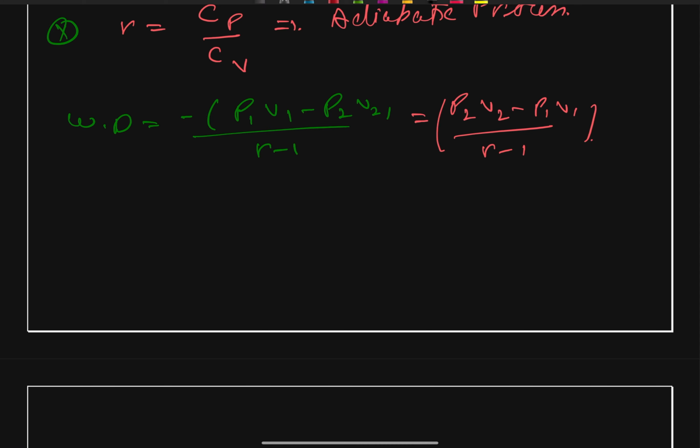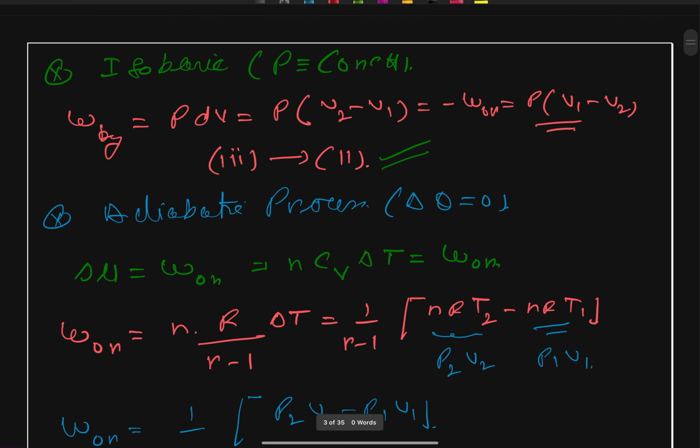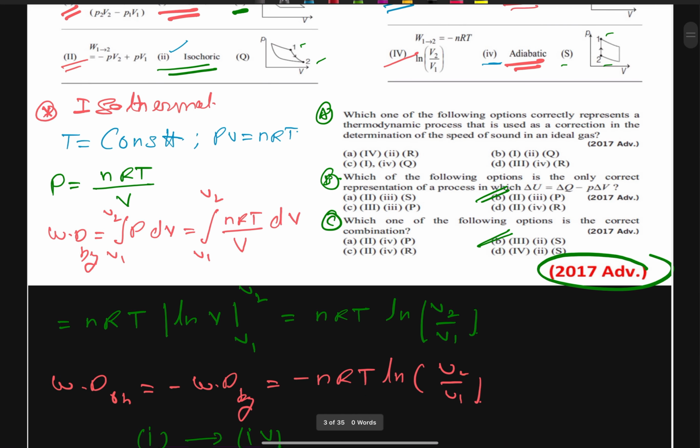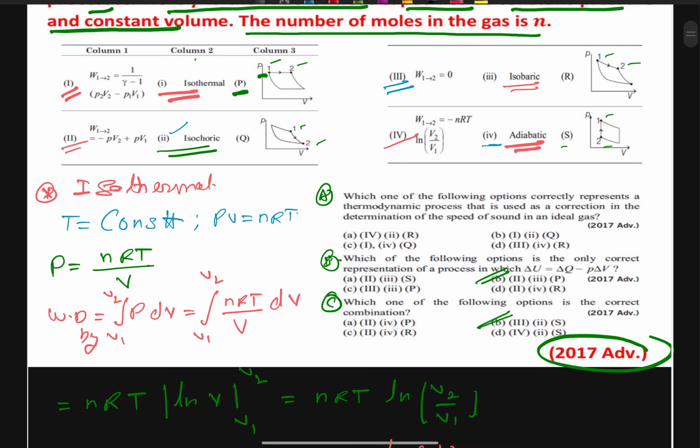Okay, and so for this, because there is only doubt upon two things, that either it will be an isothermal process or it will be the adiabatic process. Okay, and the difference lies in the slope of that.